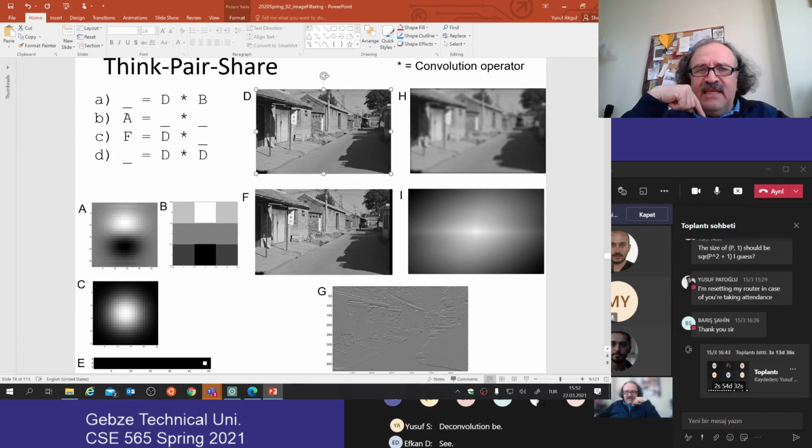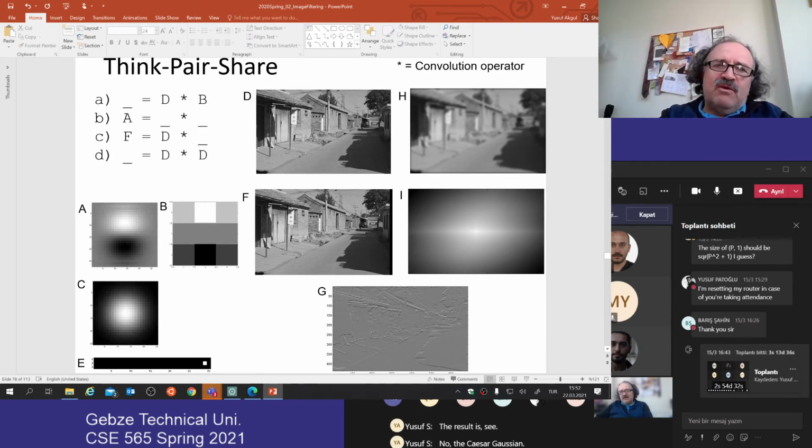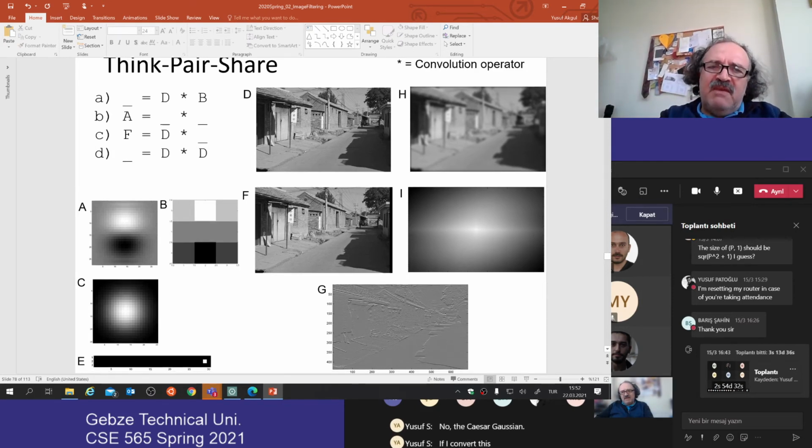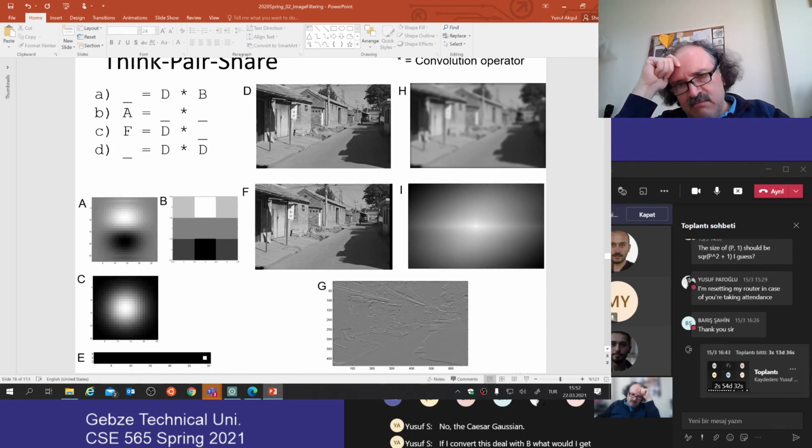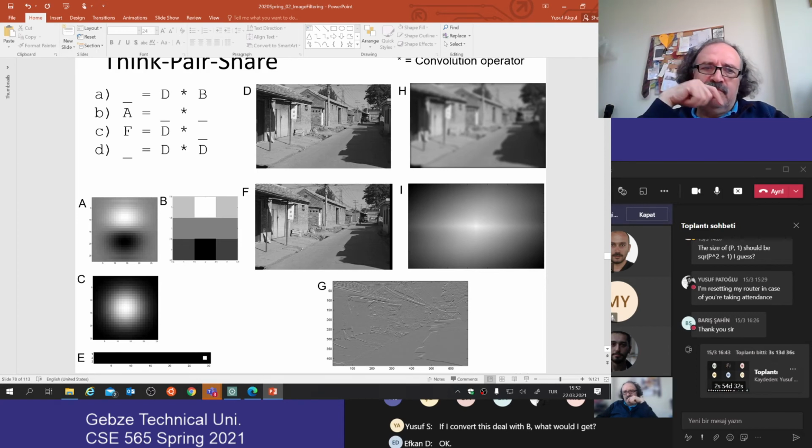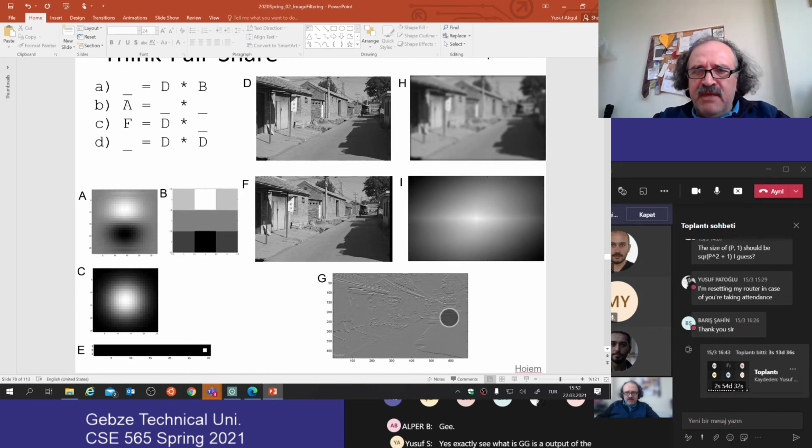The result is C. No, the C is a Gaussian. If I convolve this D with B, what would I get? It's G. Yes, exactly. G is the output of the convolution B.